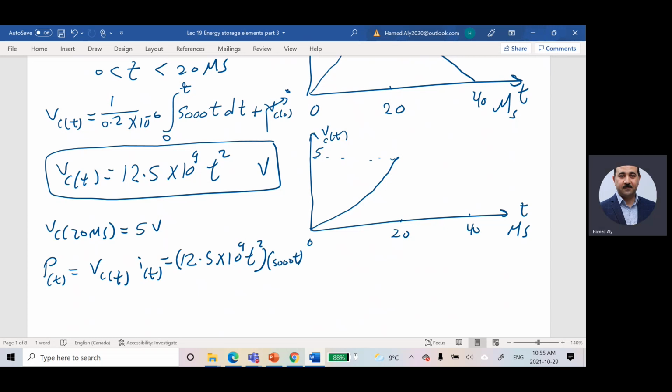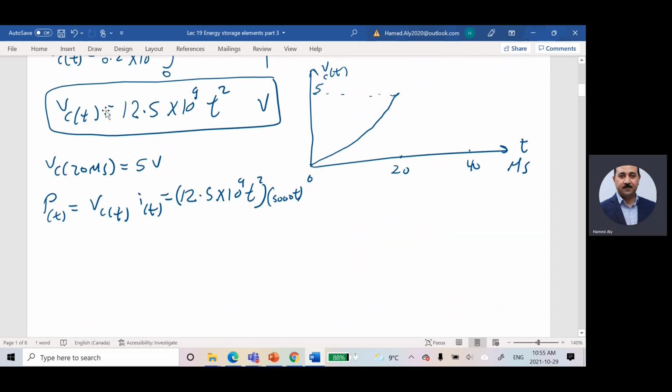And this is watts. Then this guy will be equal to a specific number multiplied by t to the power 3.